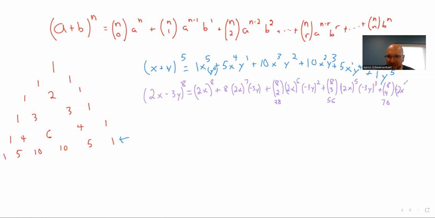Times 2x to the 4th, times negative 3y to the 4th.